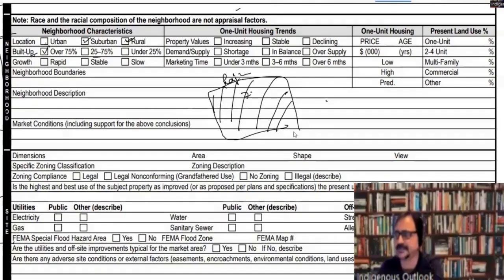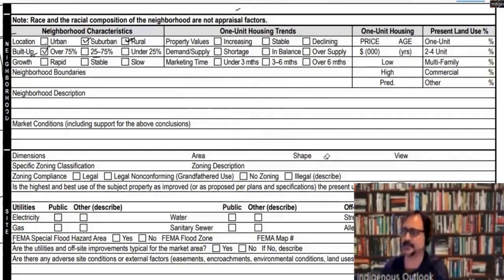If 75% of land is already occupied by people, it will become an urban area. It is not possible in a rural area that we say this area is rural, but there is no vacant land. So that could not be considered rural.